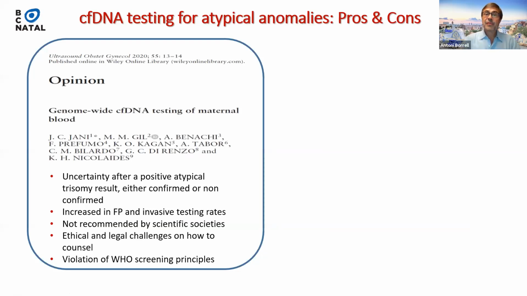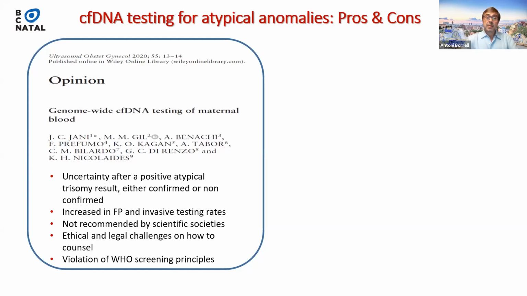However, cell-free DNA testing used for detecting atypical trisomies is very controversial nowadays. Last year an opinion commentary appeared in Ultrasound in Obstetrics and Gynecology by some prominent European professors, pointing out the uncertainty after a positive atypical trisomy result, whether it's confirmed or not confirmed.